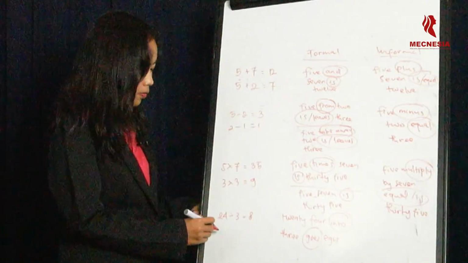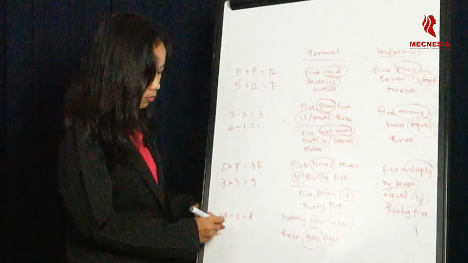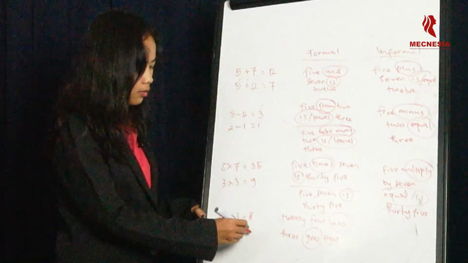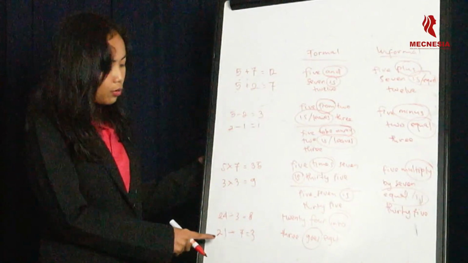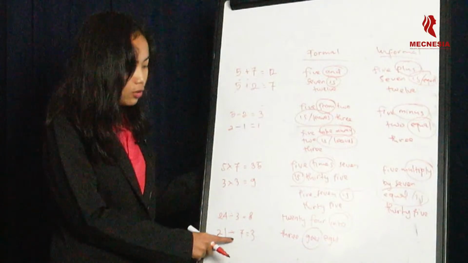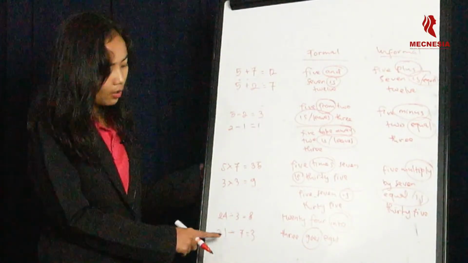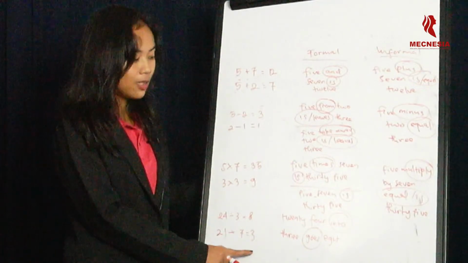How about 21 bagi 7 sama dengan 3. So this one is 21 into 7 goes 3.